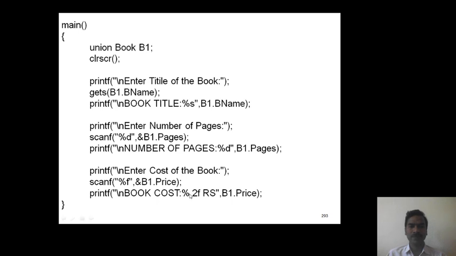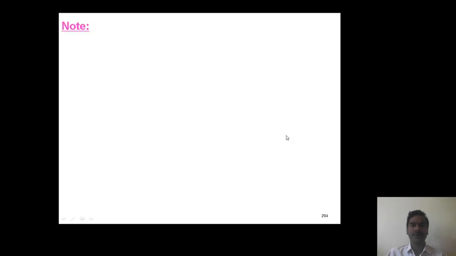Okay? So remember, a structure can handle multiple members, but a union can handle only one member at a time. Handling more than one member is not possible. Note, let us consider some important points.